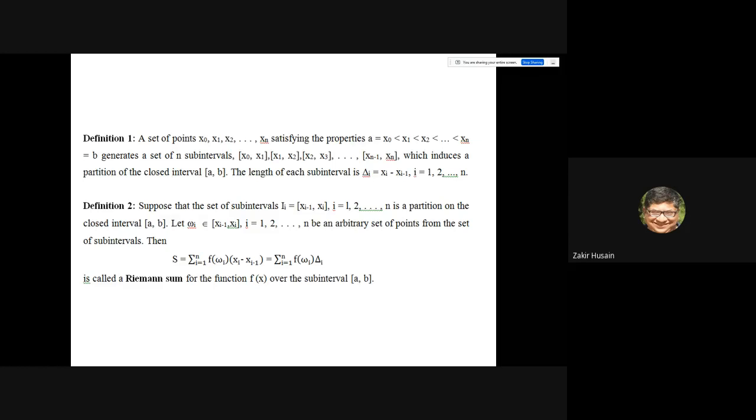And this can be used to partition the closed interval AB, when A is x0, B is xn. The length of each subinterval is delta i equal to xi minus x(i minus 1). Okay. Is this definition clear?